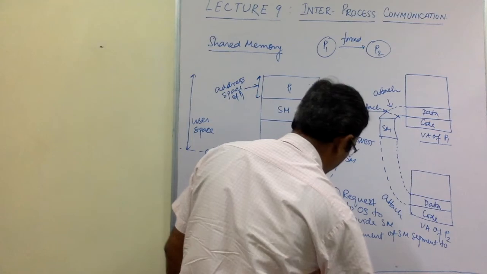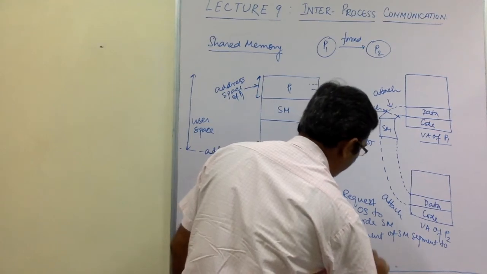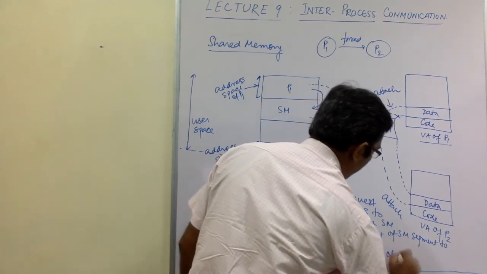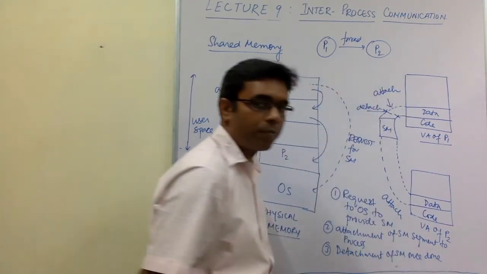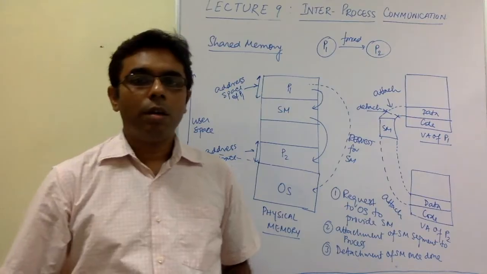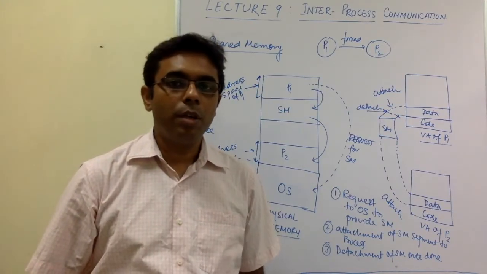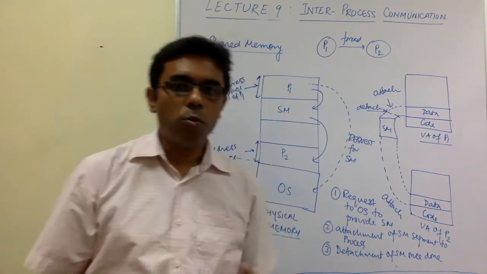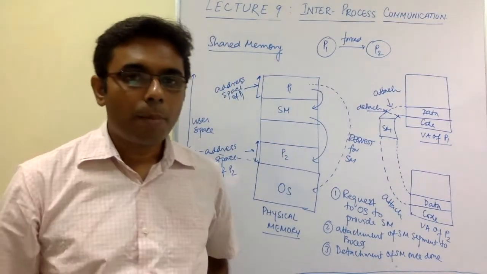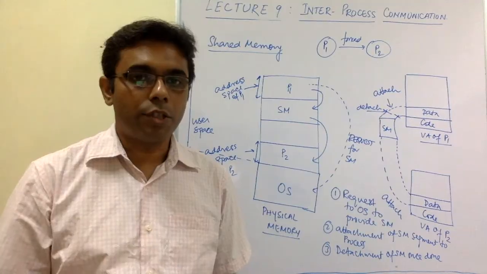And number three, detachment of the shared memory once you are done. So these are the three operations that need to be worked with in order to work with the shared memory segment.